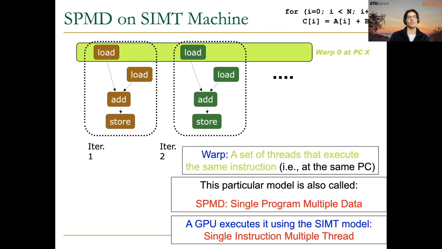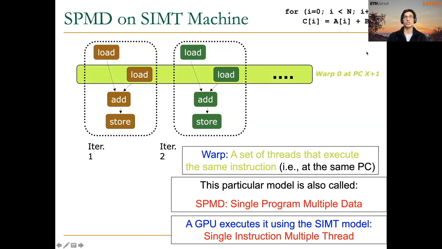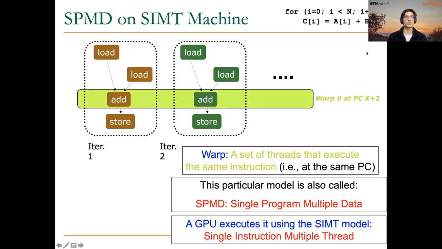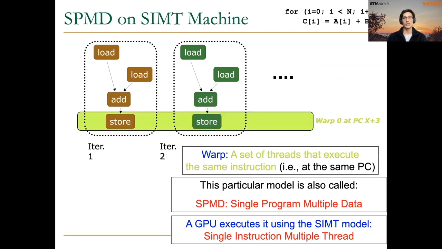So now the way that we are going to execute here is, this is one instruction for the different threads that resides in a certain program counter X. The next instruction is program counter X plus 1, but as you see it is also for warp 0, then the next instruction, then the next instruction.